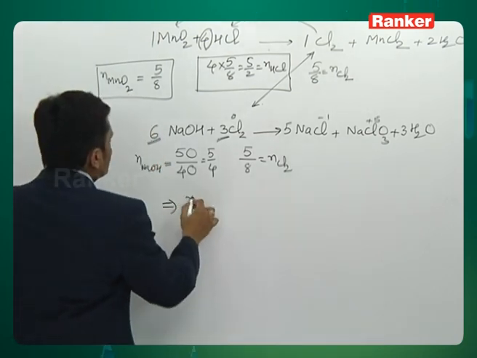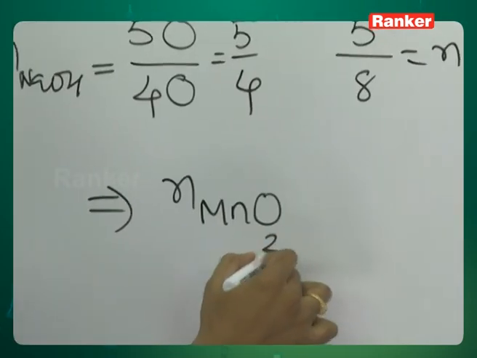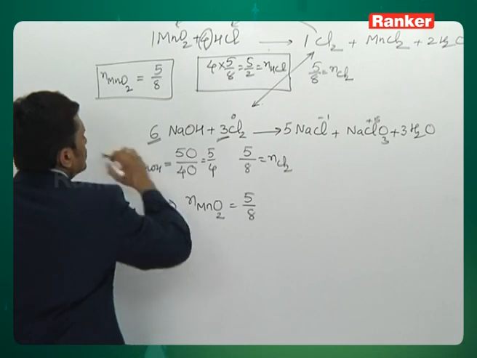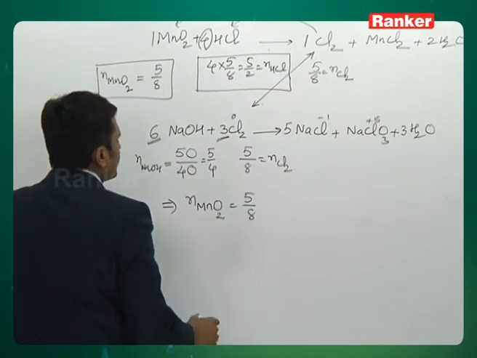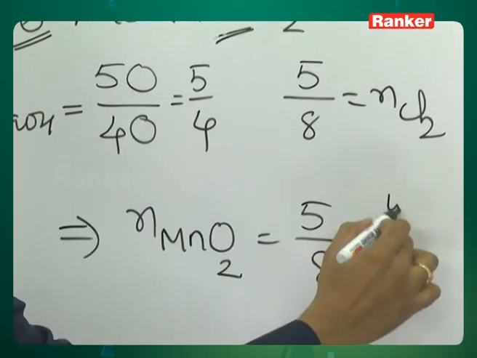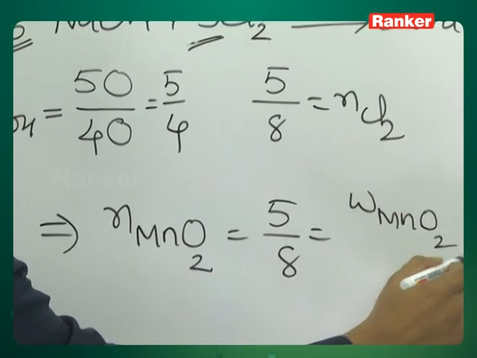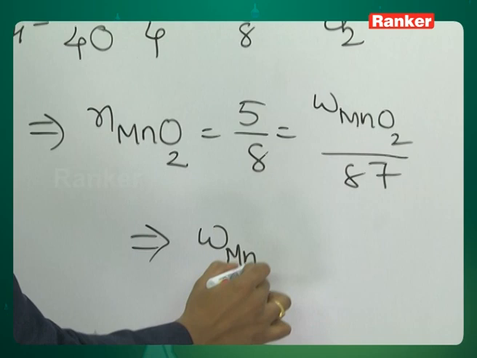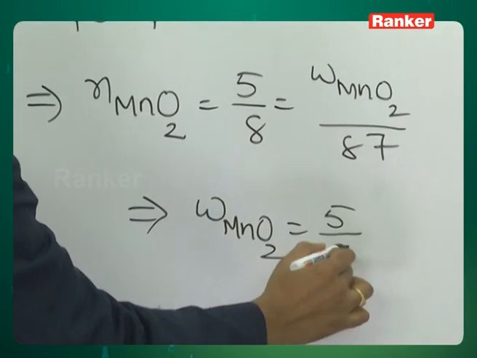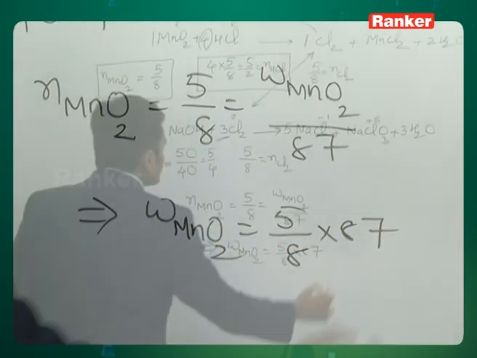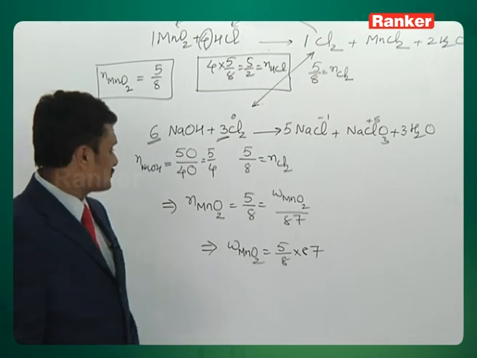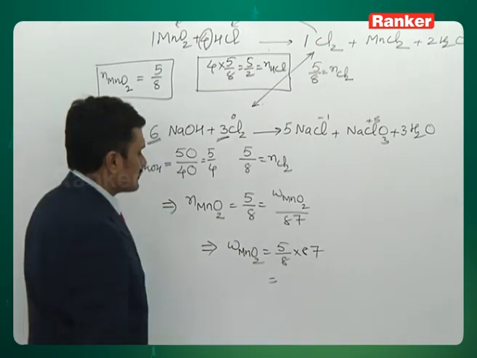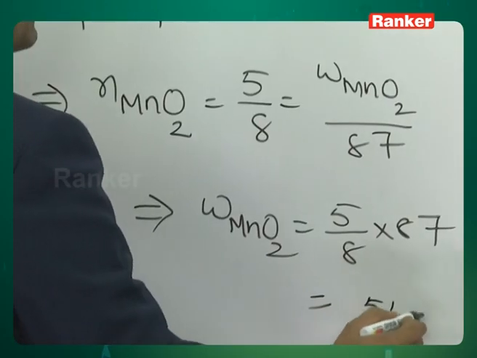Since the number of moles of MnO2 that are to be taken to produce 5/8 moles of Cl2 are 5/8, the weight has to be the moles multiplied by the molecular weight. Weight of MnO2 will turn out to be 5/8 into 87, right? So this is 1 question which is asked to you, and the answer for this problem is 54.38 gram.